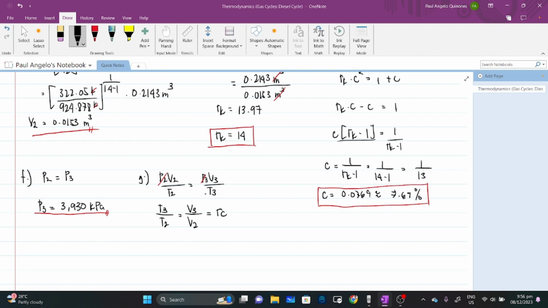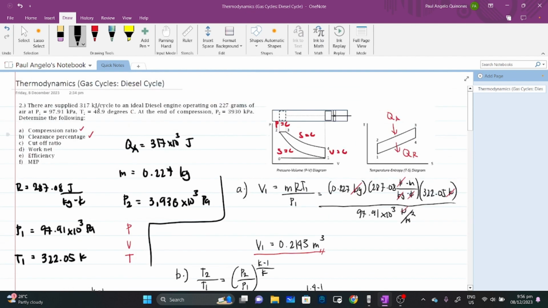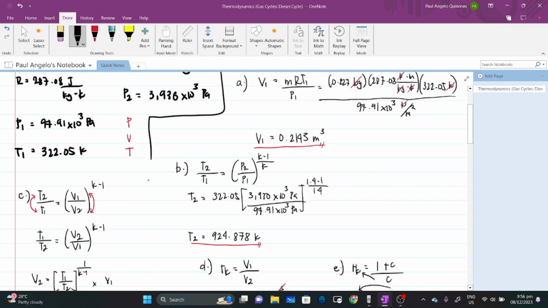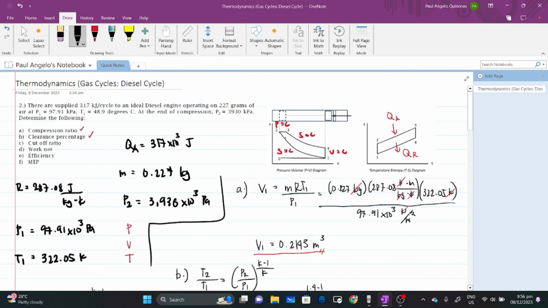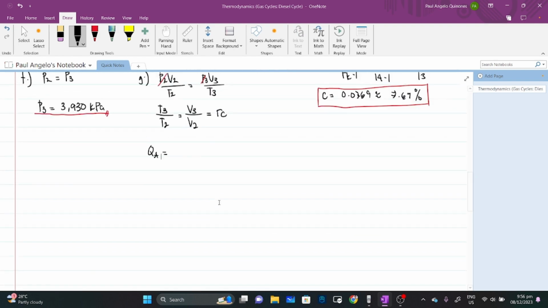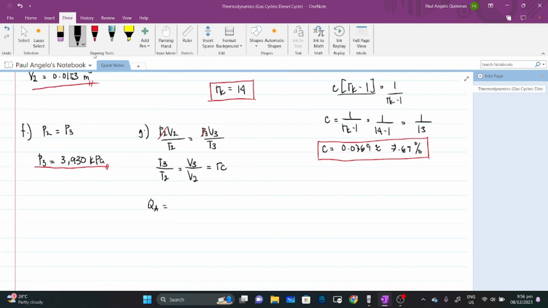So what we can do is that we can manipulate the heat equation. We have QA. Since we've said that it is added during constant pressure, as you can see here, the equation of heat should be QA is equal to mCp times T3 minus T2.